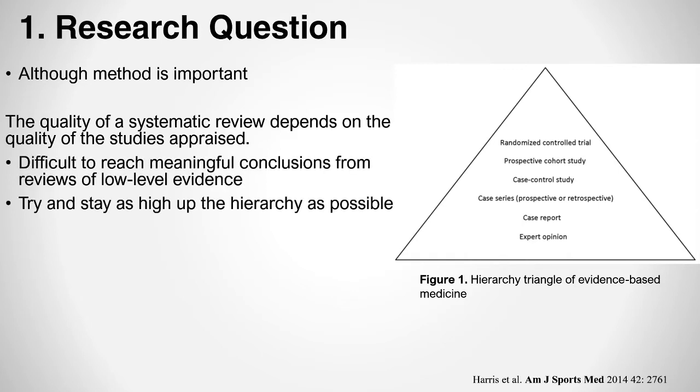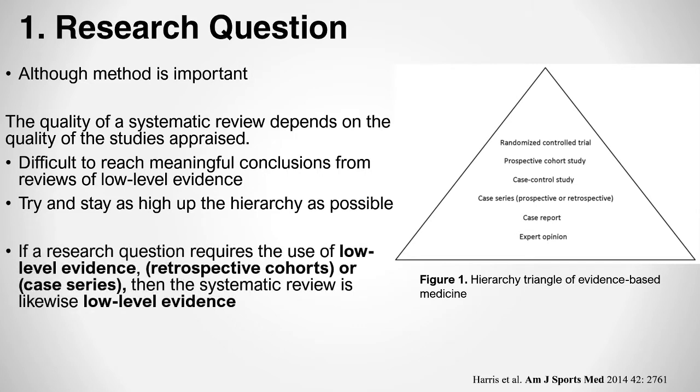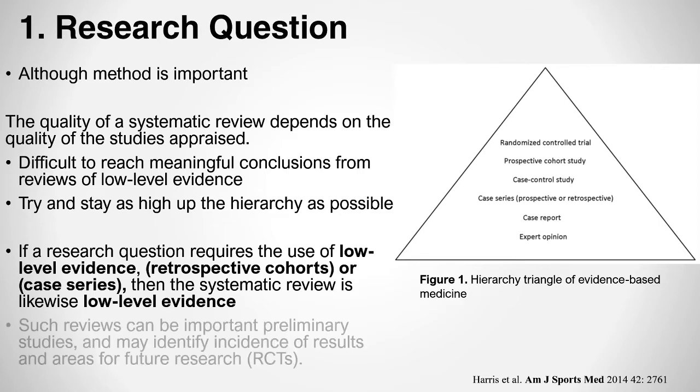The better the quality of the literature, the easier it is to make very clear conclusions and arguments. If a research question requires the use of low-level evidence, like retrospective cohorts, then it can be a lot more difficult to reach a very clear and unambiguous conclusion.